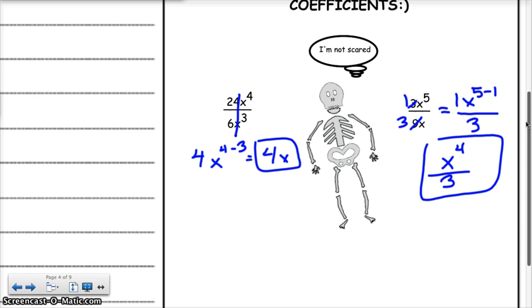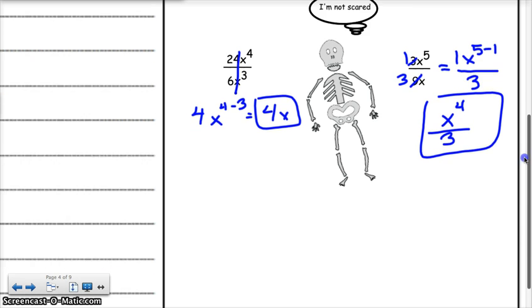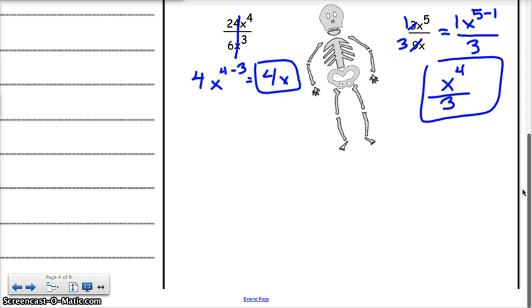Another example, let's do 18x to the 8th over 9x to the 5th.